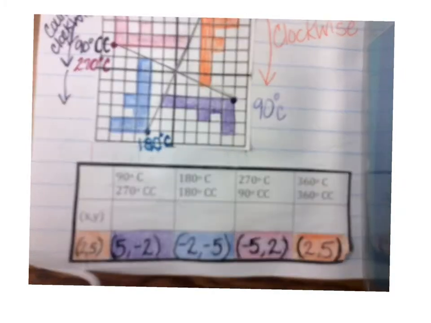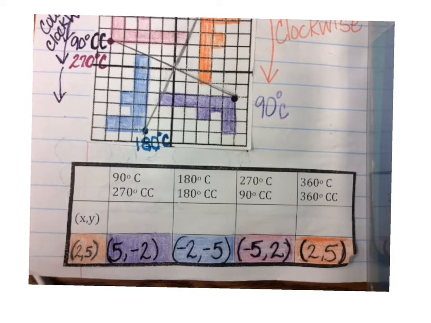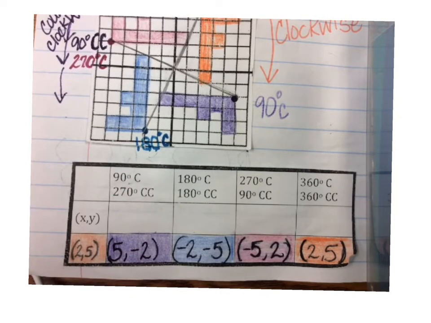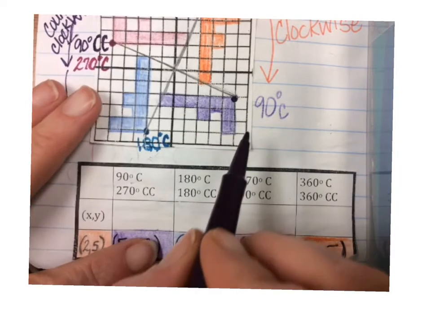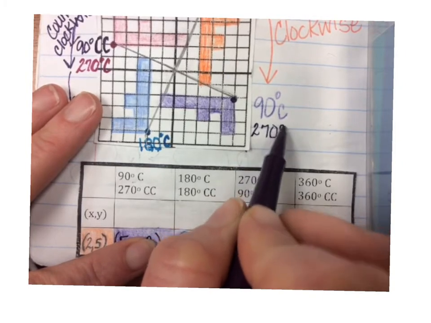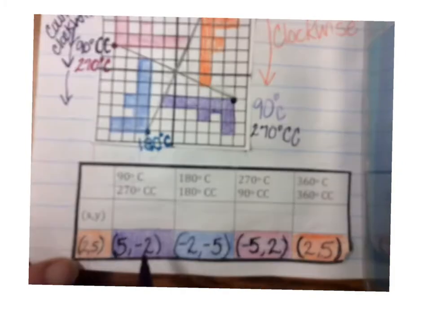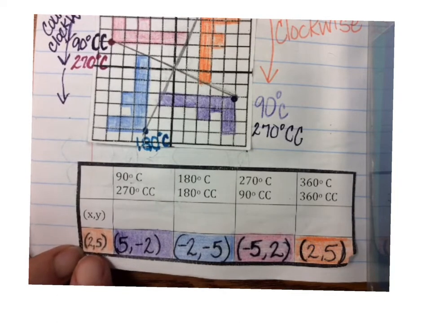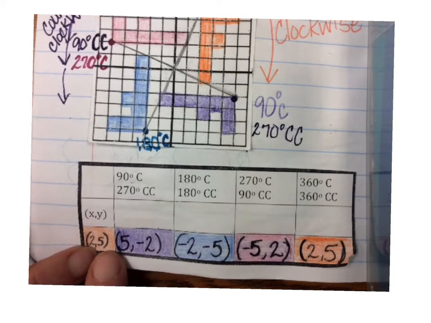Looking at the rule for if you moved 90 degrees clockwise, or 270 degrees counterclockwise, we're going to look to see what happened to the X and to the Y. Originally it was at 2 and 5.